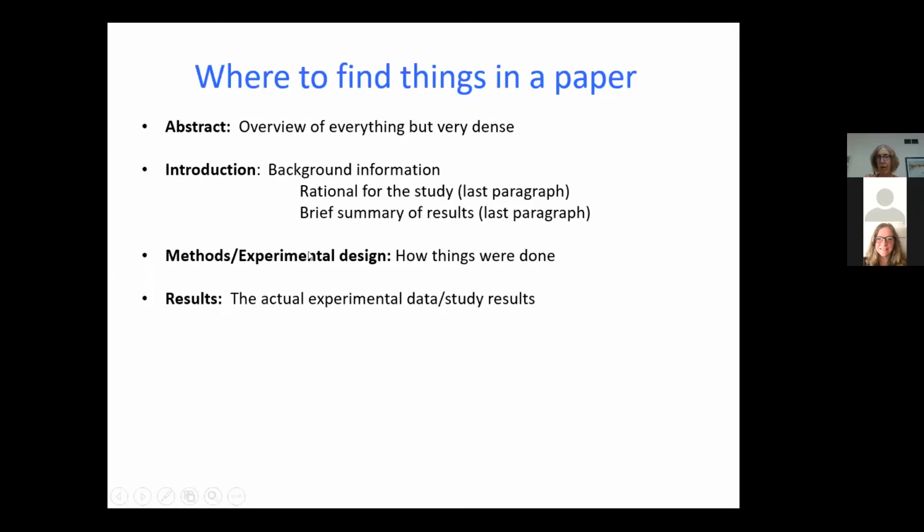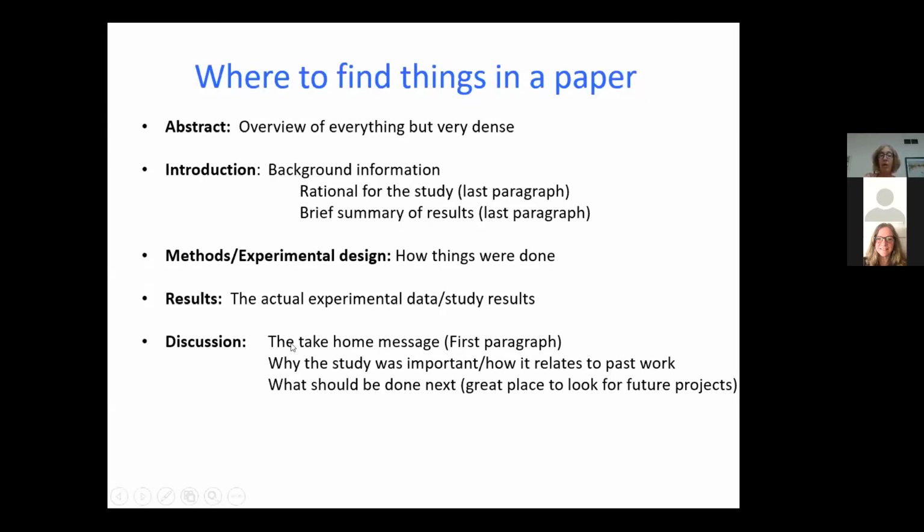That's where you go to the experimental design. So the results will be divided into sections, and each section usually corresponds to one or two figures that show the actual data.